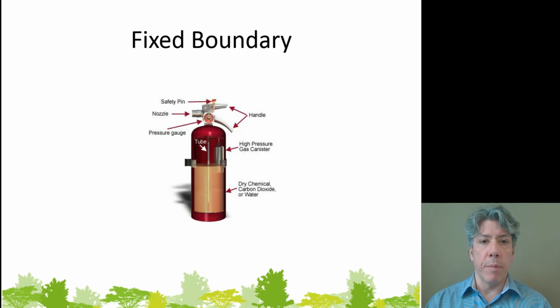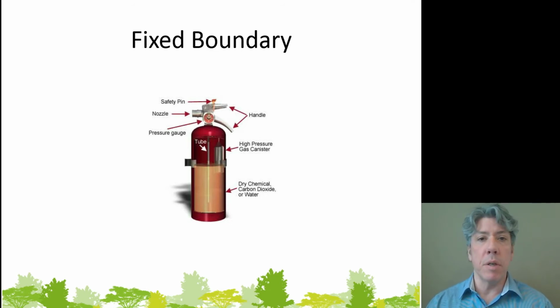Here's an example where you might have a fixed boundary. We've got a fire extinguisher, and if we imagine everything inside of that fire extinguisher, well then the body of the cylinder could be a fixed boundary. That may or may not be the best system to take, just everything inside of the cylinder, because maybe it would be better to consider only the chemical itself that is being pushed out of the fire extinguisher to extinguish the fire.